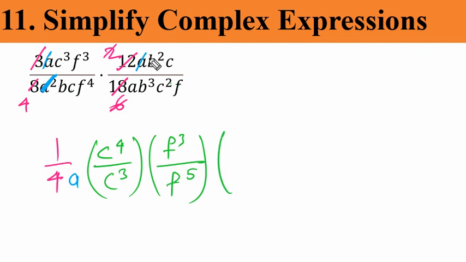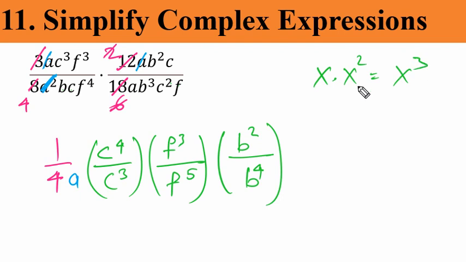Anything else? B power 2 in the numerator, and in the denominator you have b and b power 3, so that will give you b power 4, right? You just add them. If you have x multiply x power 2, you get x power 3, because 2 plus 1 is 3.